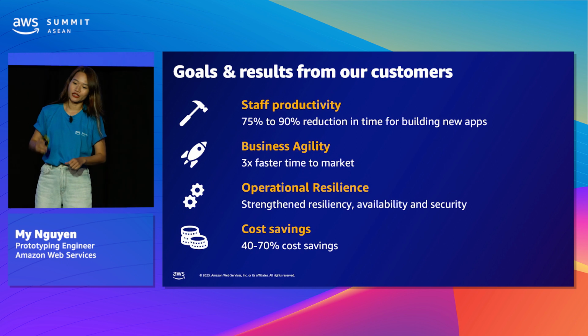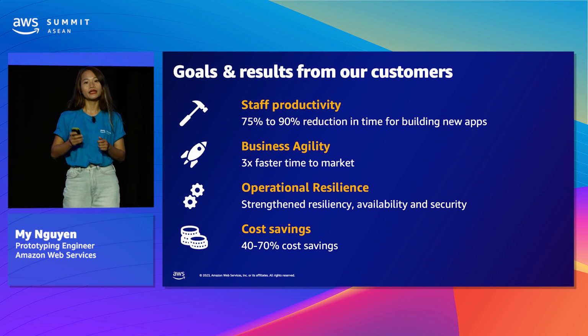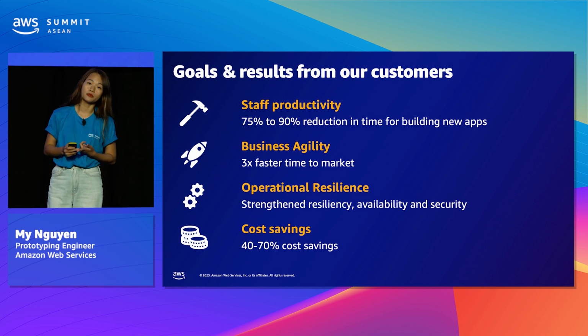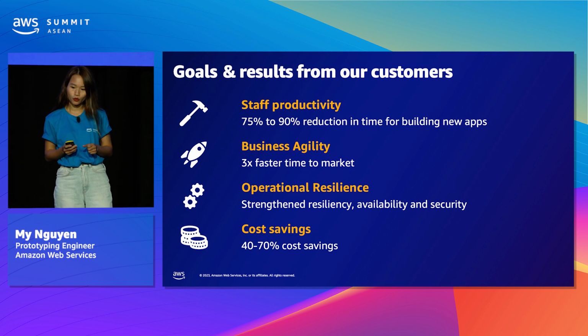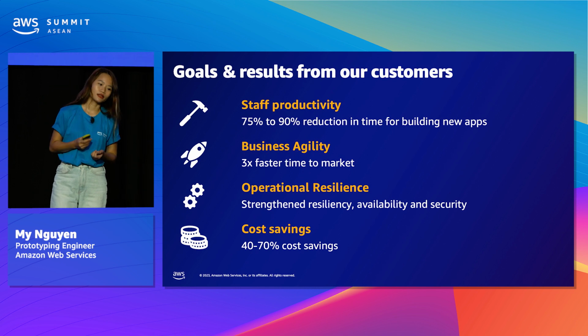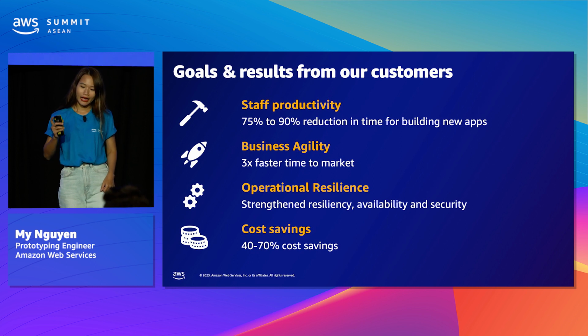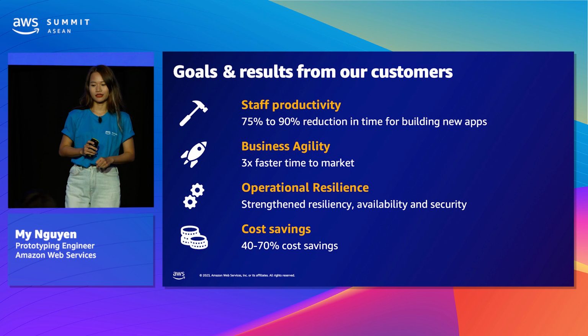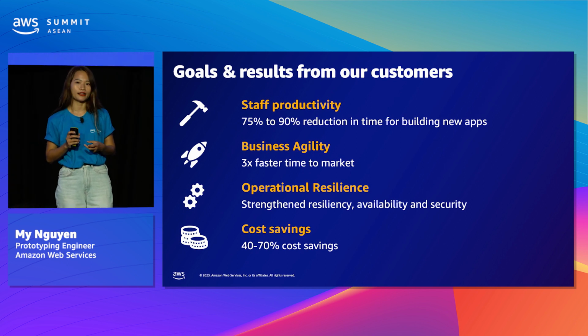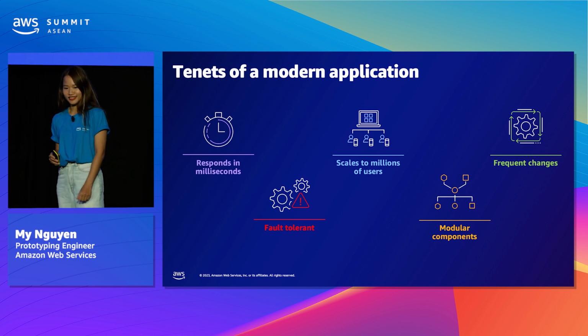As you can see on the screen, we helped decrease by up to 90% the time required for building new applications with T-Mobile and Snap, or speed up time to market up to 3-fold with BrightStory and Depot, or strengthen system resiliency, availability, and security in case studies like Vanguard or Ancestry, and allow up to 70% cost savings with Coca-Cola and Samsung. Now, how did we do it and how can you achieve the same?